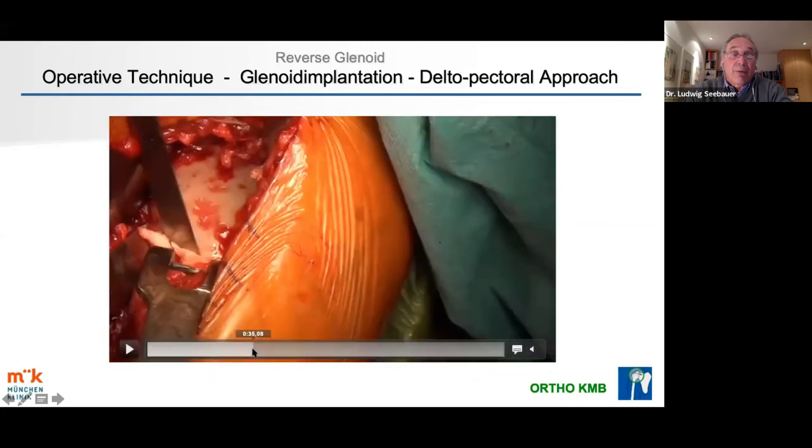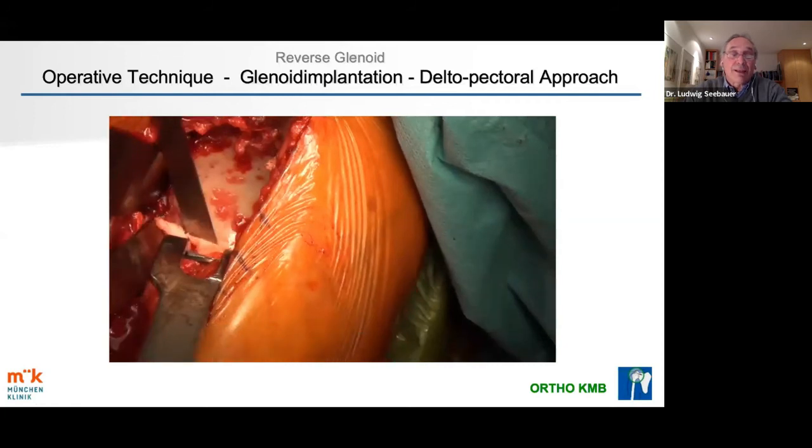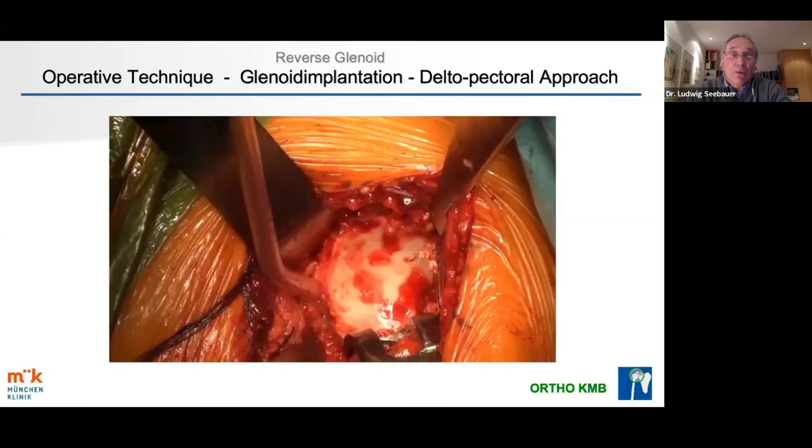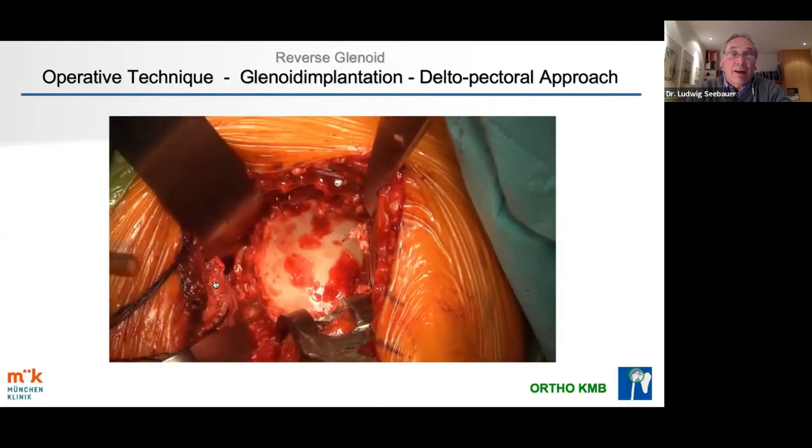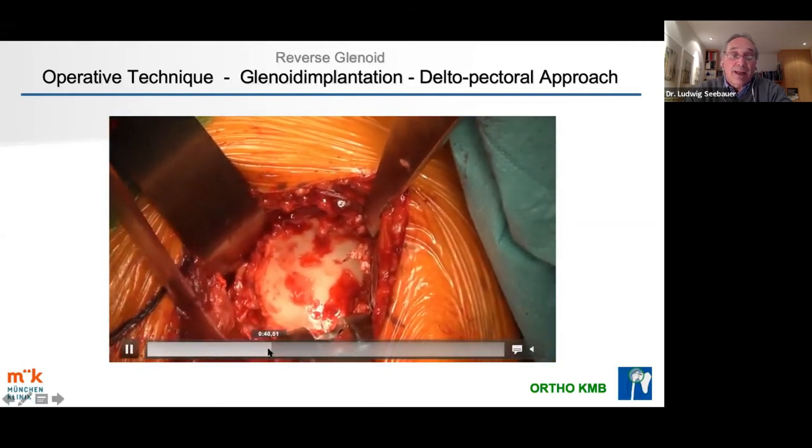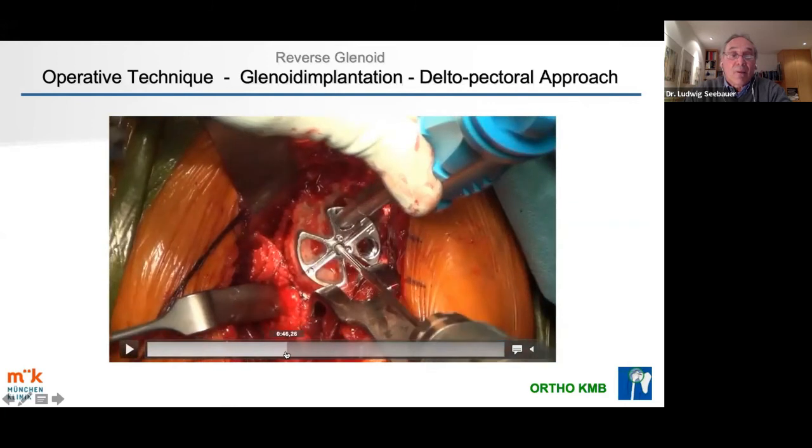And then I always remove the inferior osteophytes before I do my reaming. I look at my X-rays and my CT scans to know where I remove the osteophytes, and then I put my template to the correct position.